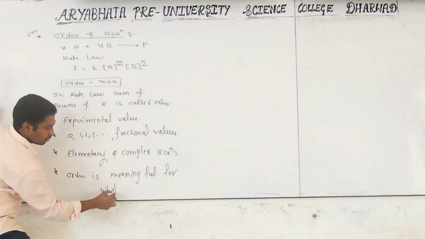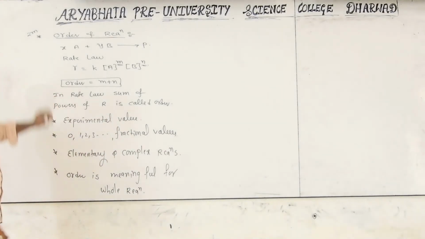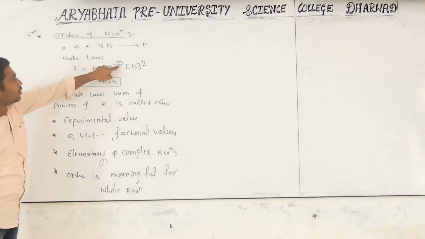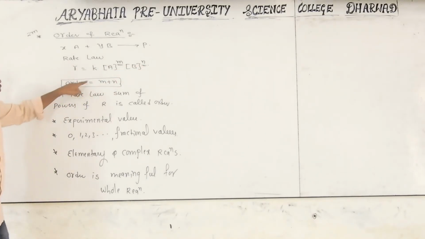Once again, see the characteristics of the order. Order of the reaction is the sum of the powers of the reactant terms in the rate equation, rate law or rate expression. These powers can be calculated only by using experimental information. This way, order is an experimental value.